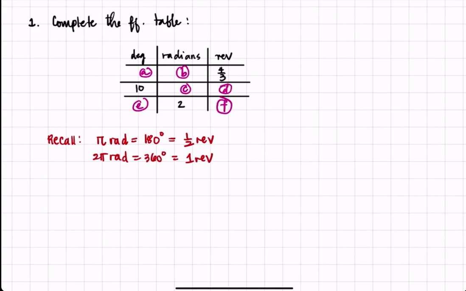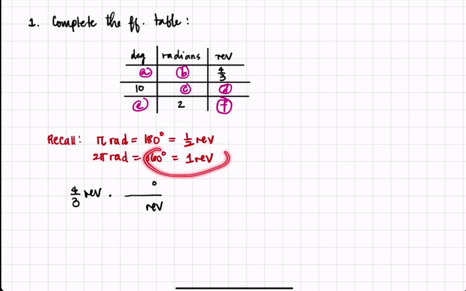Okay, so let us convert 4/3 revs to, which do you want? To degrees first, sige. If you want to convert it to degrees, the rev is at the bottom and the degree unit is on top. Then you use the conversion formula. You can use this one or this one.